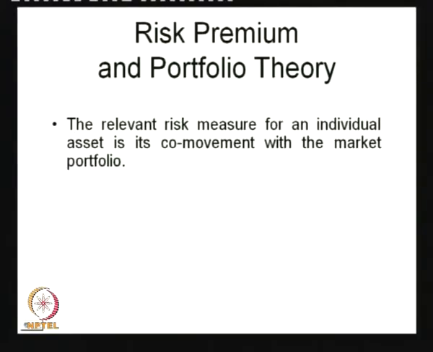Coming to that, the relevant risk measure of an individual asset is the co-movement with the market portfolio. So, when you talk about an individual asset, what you look at is how this particular asset is moving with the market. Moving with the market means if the market is going up, then this particular security is also going up.